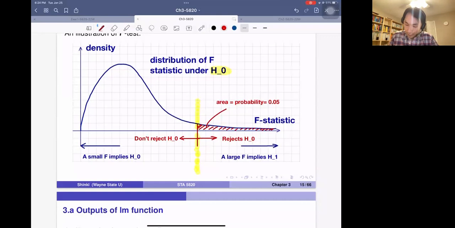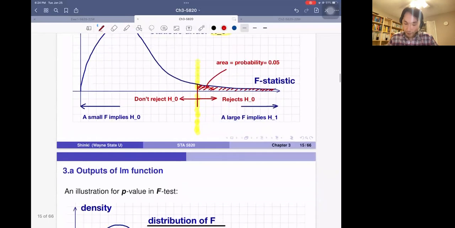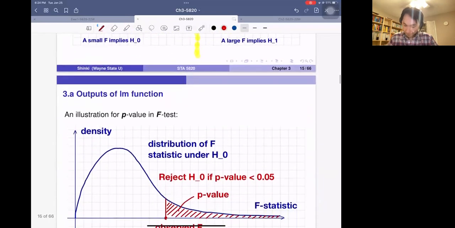If the F value is larger than this value, then we reject H naught. If it is smaller than this value, we do not reject H naught. So the idea is that under H naught, the F statistic follows this distribution, but if it falls in an extreme range, that means it's unlikely that H naught is true. So we reject H naught.